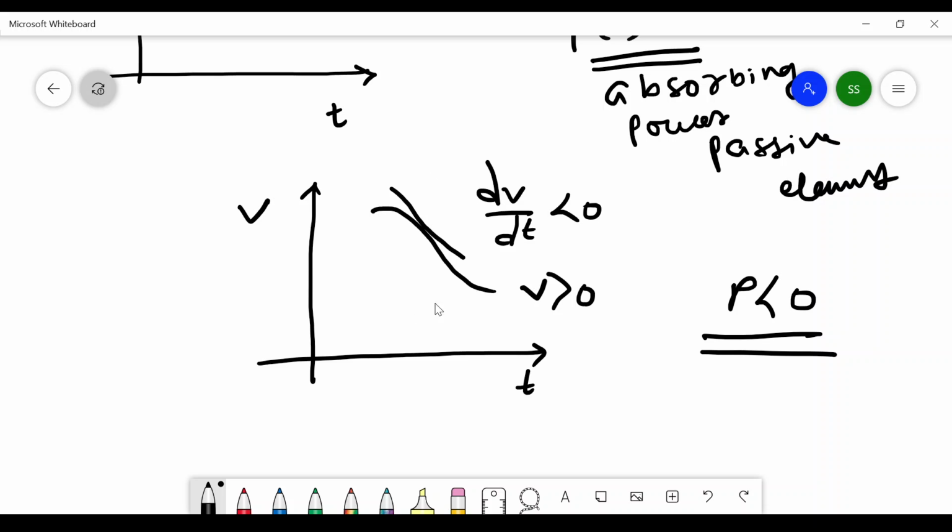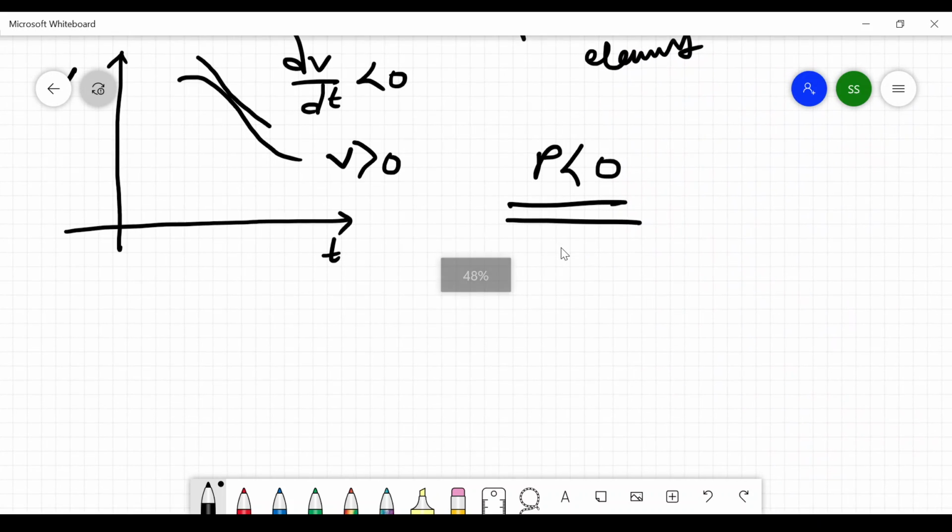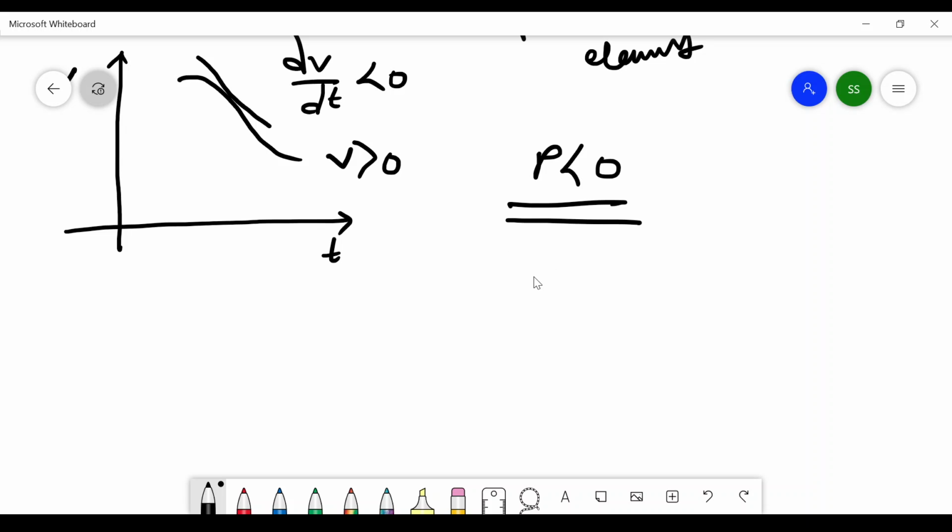That means if the voltage waveform is like this, in that particular case the capacitor becomes an active element. It is not a passive element now.